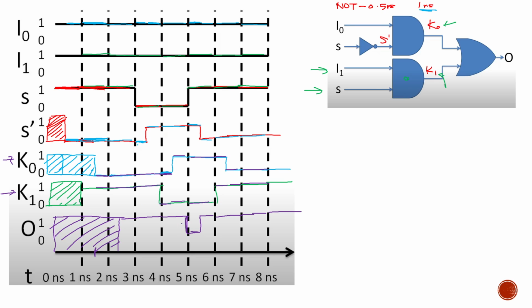But here, because of the propagation delay, it creates a momentary 0 value at the output at this point in time. This is what we call a static 1 hazard. And that is how we visualize hazards or glitches in circuits using a timing diagram.